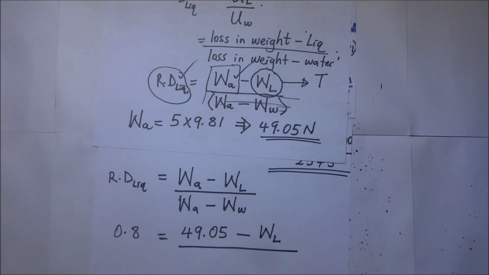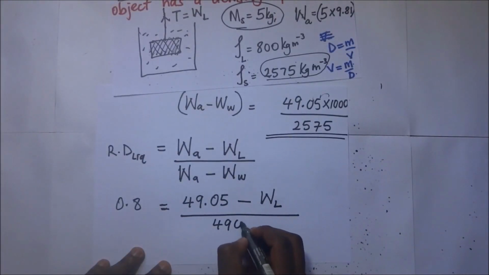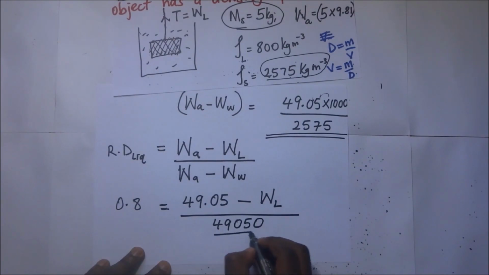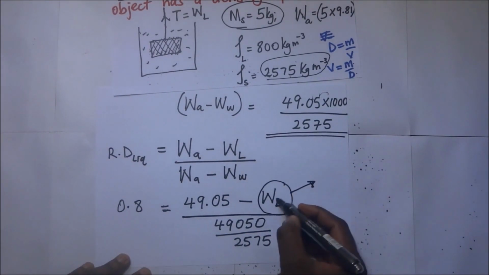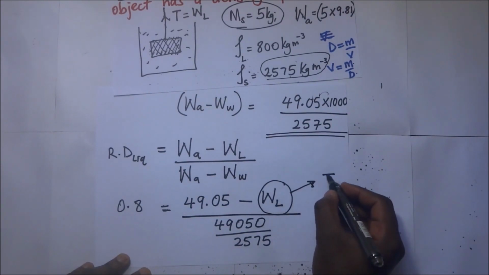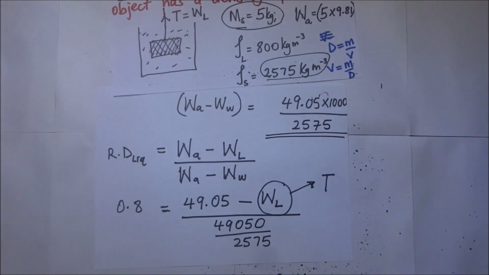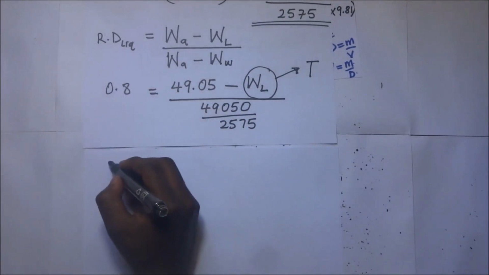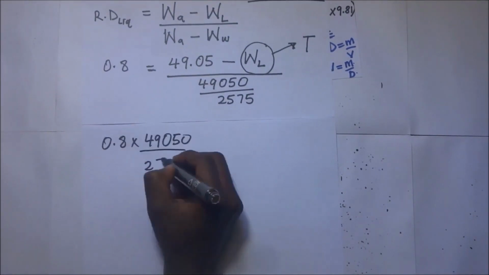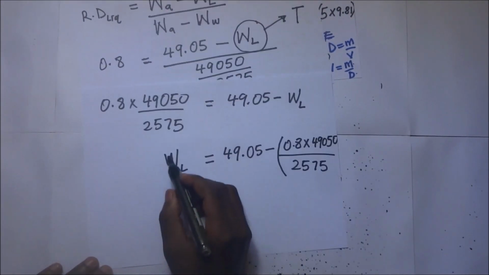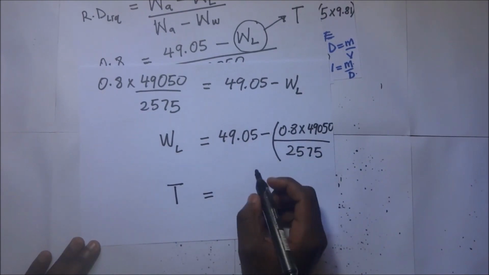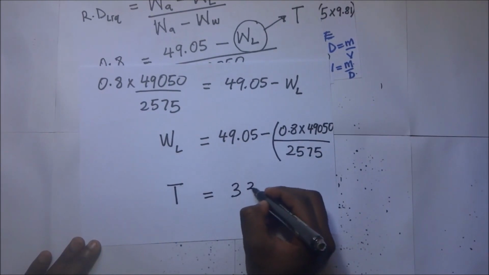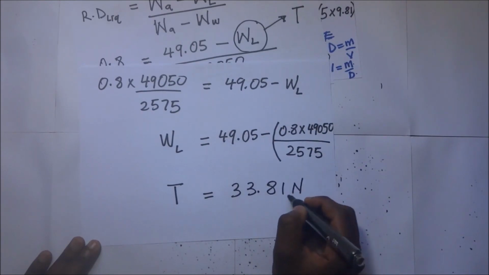We got the expression for that as 49050 over 2575. We work towards changing the subject of the formula, because when we make WT the subject, this is the same as the tension. The weight of the solid substance in the liquid is the same as the tension we are looking for. When you compute this, you're supposed to get 33.81 newtons.